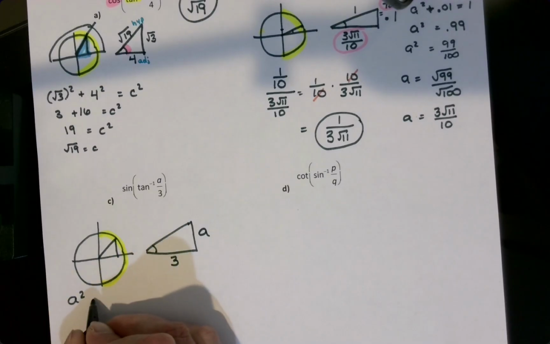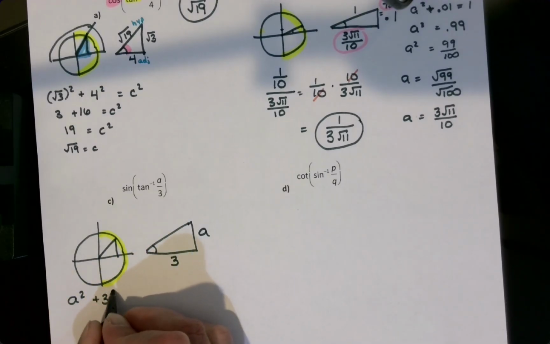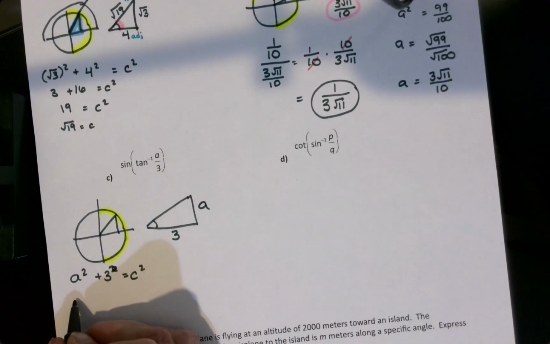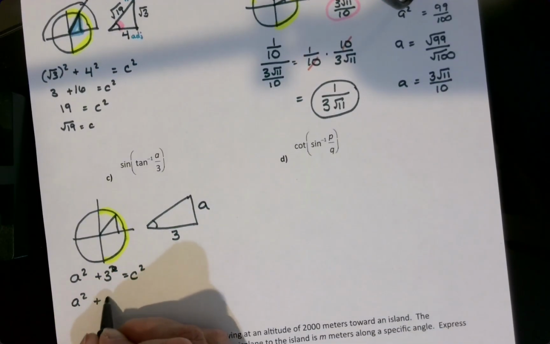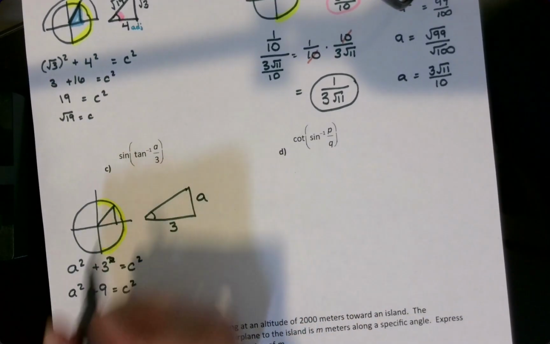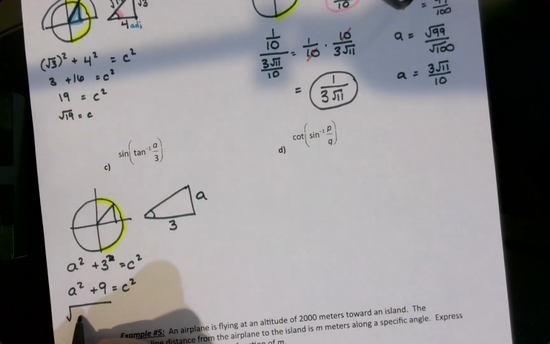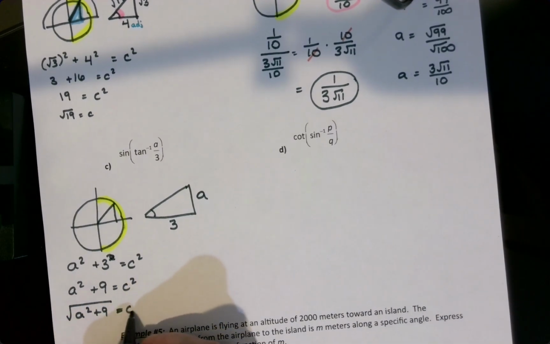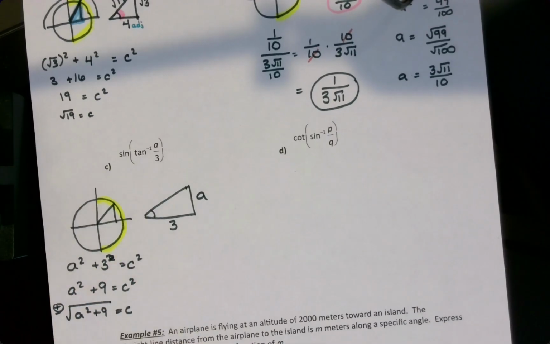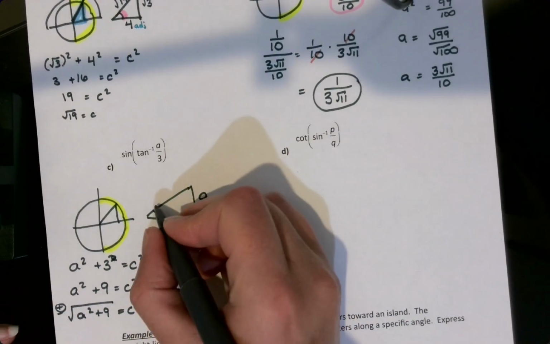So a squared plus 3 squared equals c squared. So a squared plus 9 is c squared. And I am looking for the hypotenuse, so I just want to take the square root of both sides. So square root of a squared plus 9 is c. We are technically doing positive and negative, but hypotenuses are always positive.